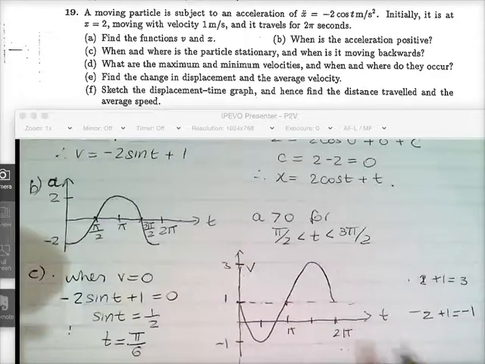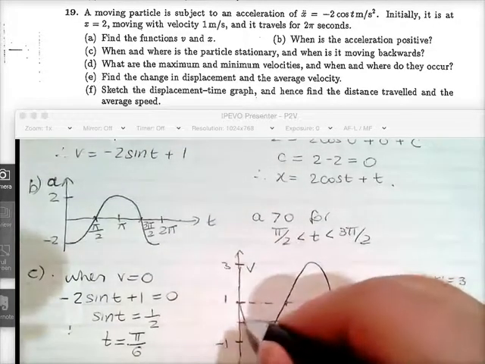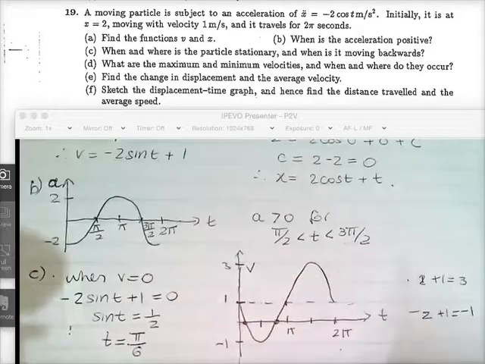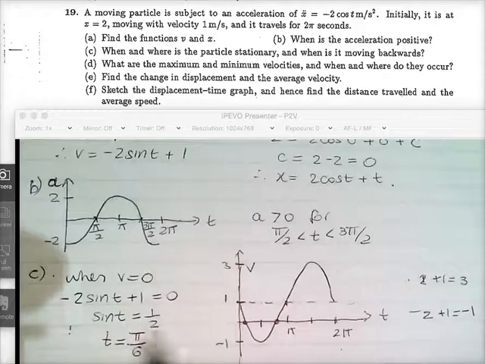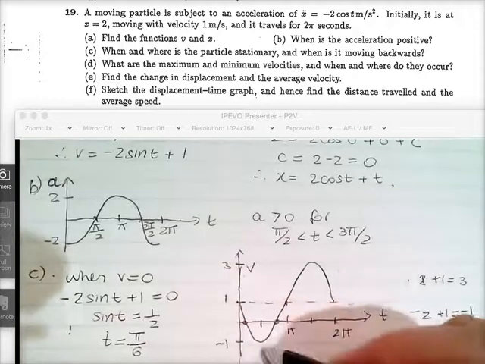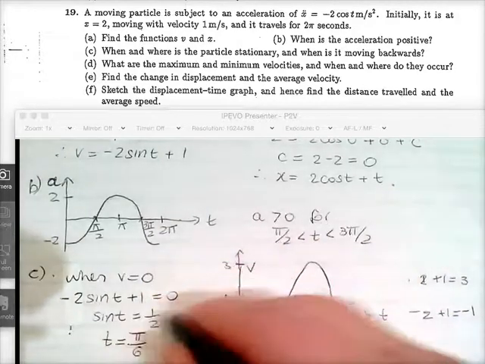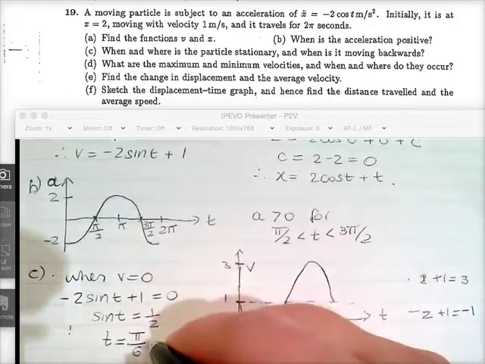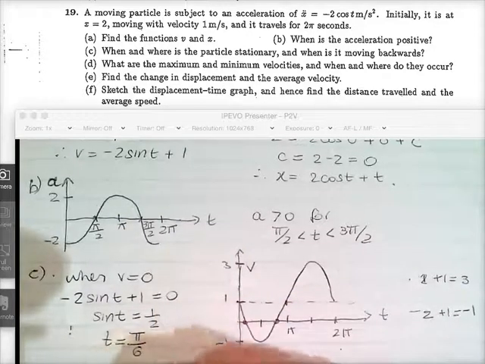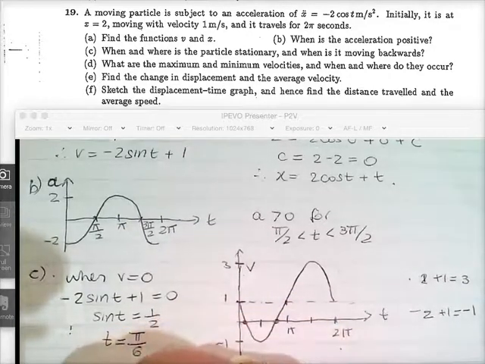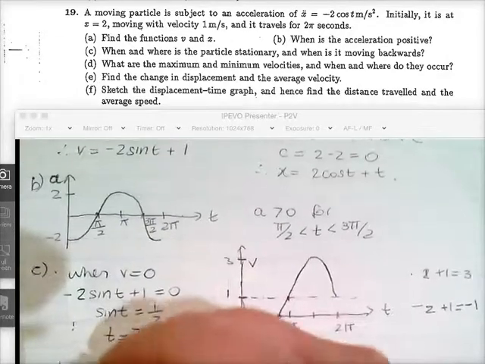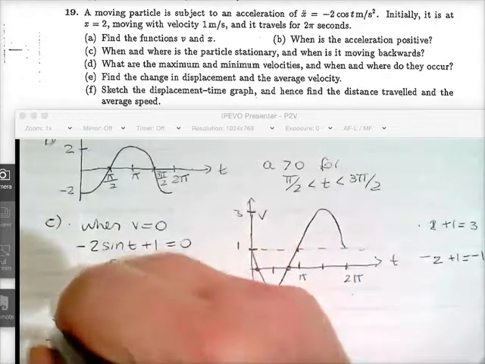So the question is, when is the velocity 0? Well, I can see it's 0 there and there. So in other words, I do need 2 solutions here. I do have quadrants 1 and 2. So sine is positive in quadrants 1 and 2. So I'll just draw my little diagram here. Sine of 30, which is pi on 6, and pi on 6.